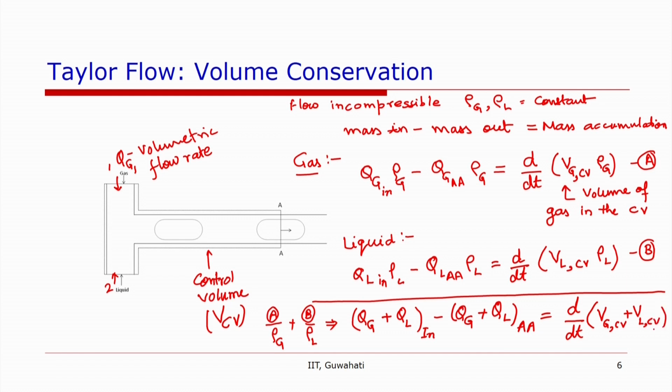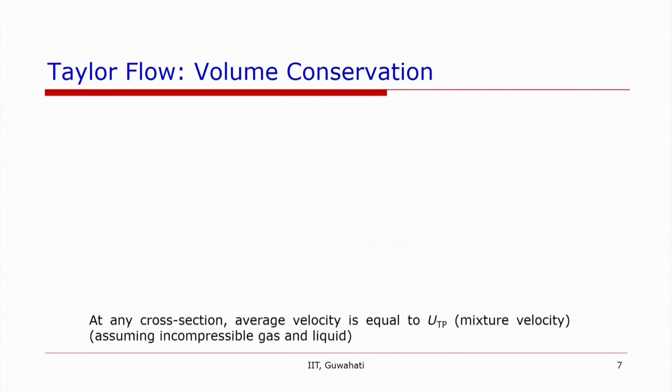So what we end up with is this equation, that QG plus QL at the inlet minus QG plus QL at cross section AA is equal to d by dt of volume of control volume.